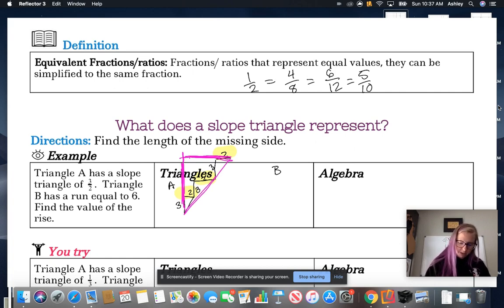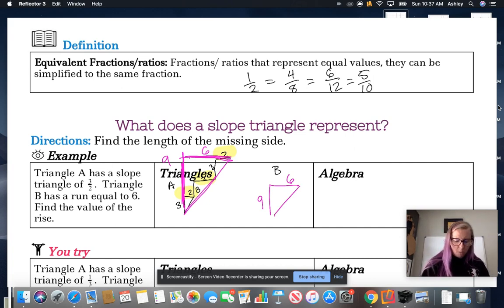So I've gone up 9, my rise is 9, and I've gone over 2 plus 2 plus 2, 6. So I went up a total of 9, and I went over a total of 6 to get my new triangle. So if I wanted an equivalent slope triangle that had a run of 6, I would have to rise 9 to match that original slope triangle.